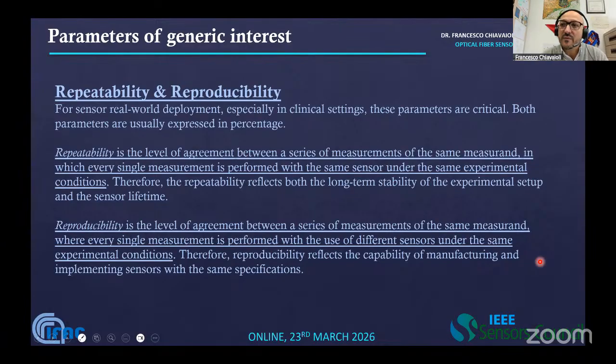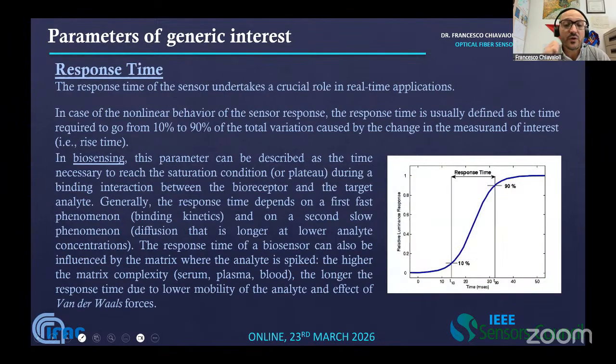Those two parameters are especially important in a clinical setting if you want to move the device from laboratory to real scenarios.